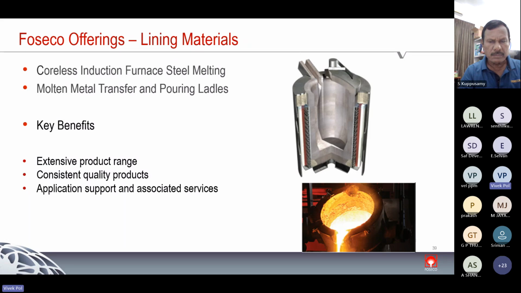If it reaches the coil, then safety incidents will happen. So that's why we have designed a special plastic refractory material for spout and capping application, applicable for steel as well as iron foundries for induction furnaces.